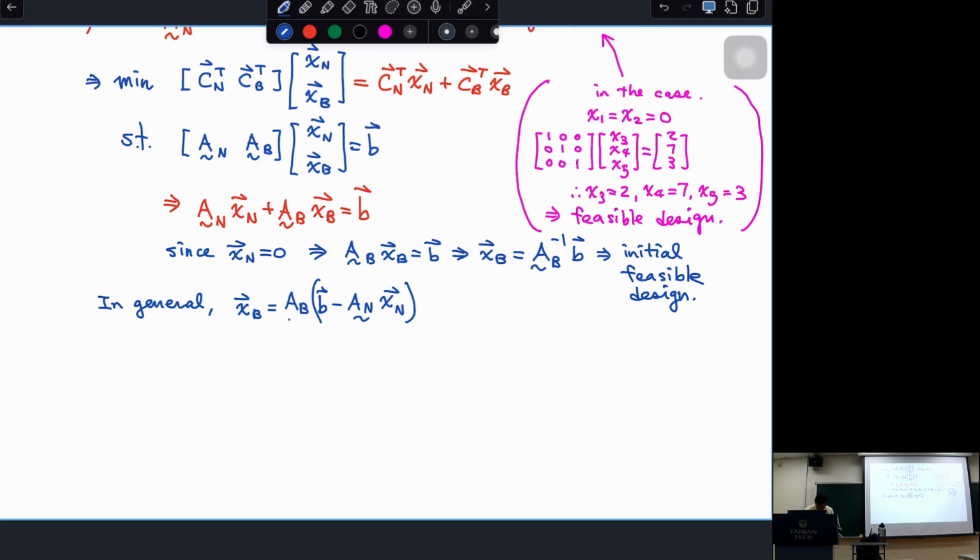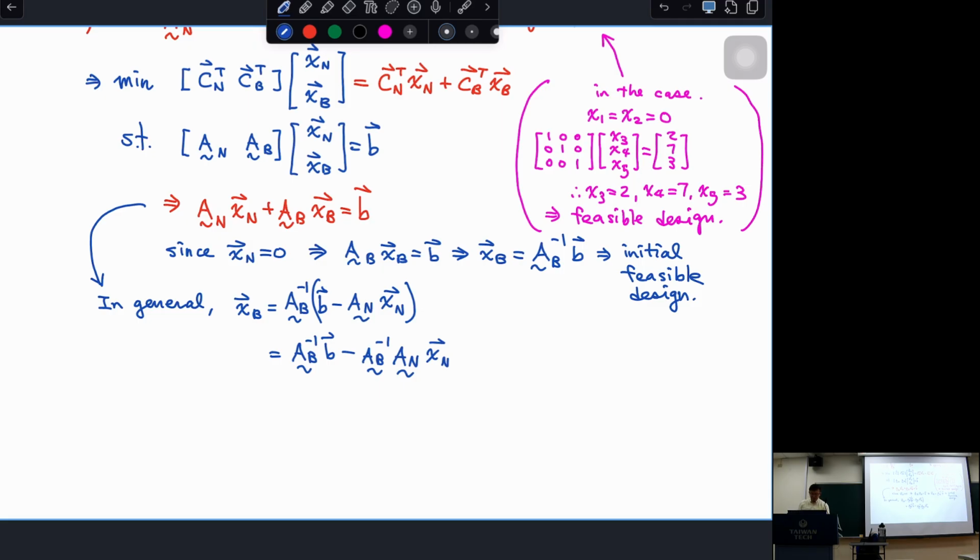If you derive from that general equation, that's how you can evaluate xb. Let's expand xb. So xb equals AB inverse small b minus AB inverse AN xn. Okay? That's another expression of xb.